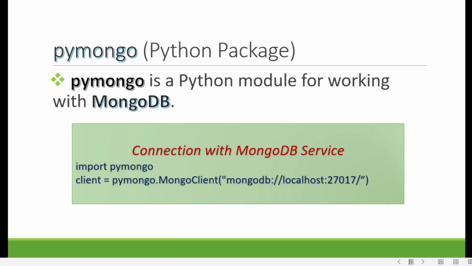The Python module PyMongo will be used for connection with the Mongo database. Here the MongoClient function will be used to connect with the MongoDB service. By default, it uses port number 27017 and localhost.